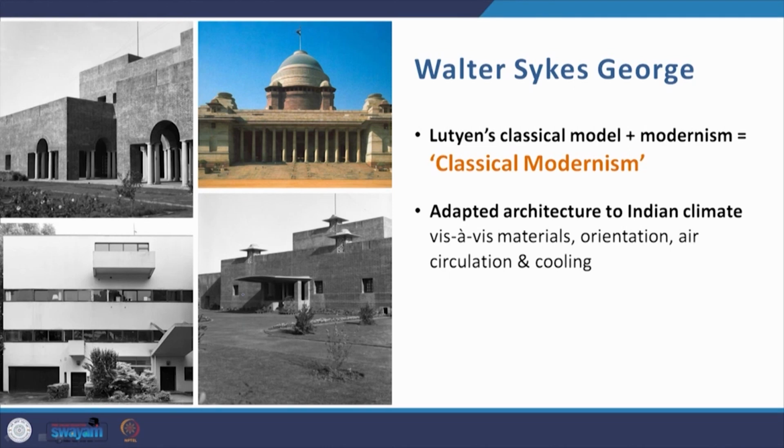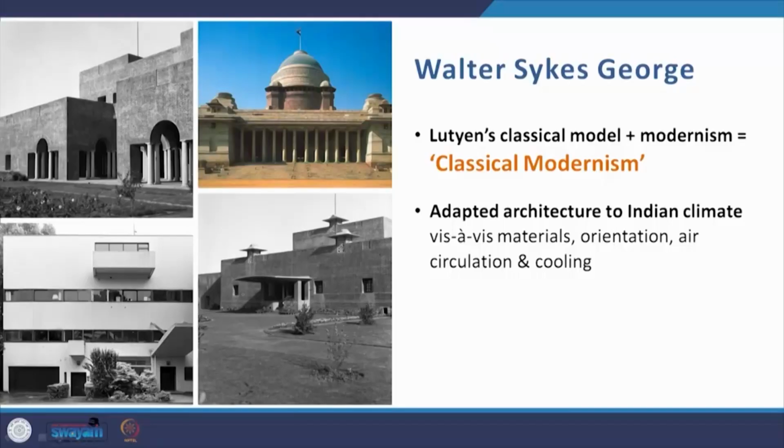Now that was not something unique for Walter George. Similarly, it had been done by Herbert Baker and Lutyens also. It had been tried by Lutyens in the Lutyens bungalow zone also. So it has always been true for cross-cultural architecture coming into India, even from earlier times.